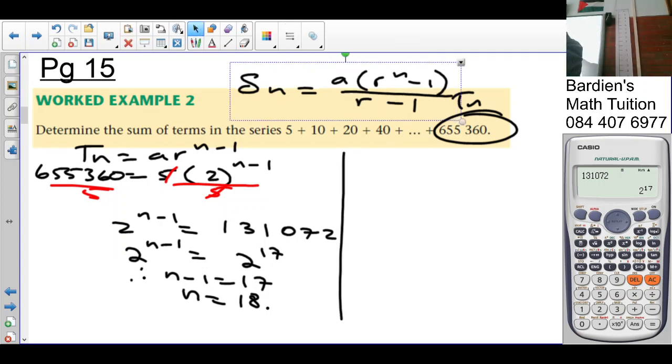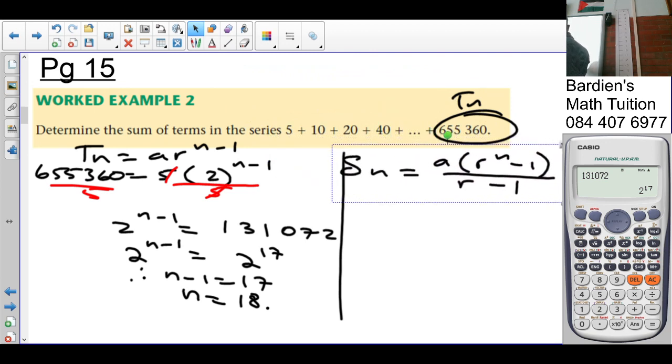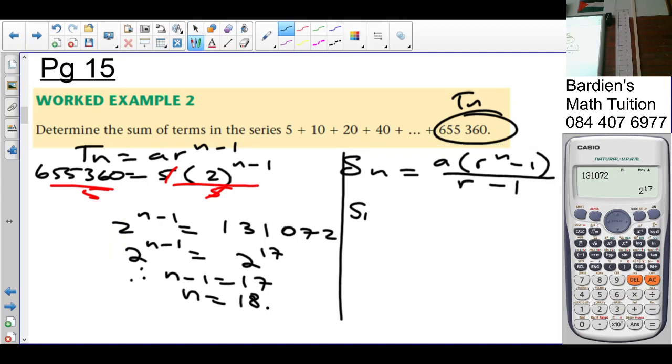Sn is equal to a into r to the n minus 1 over r minus 1. So in other words, we're calculating the sum for 18 terms. So S18 is equal to A, which is 5, times 2 to the 18 minus 1 over 2 minus 1.